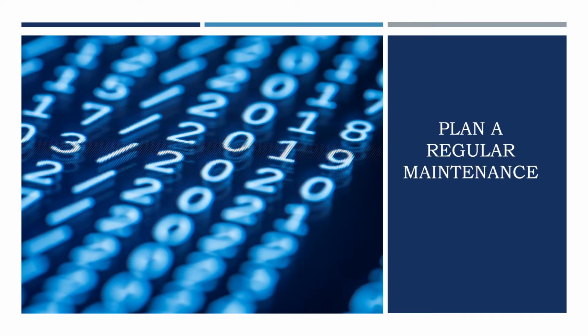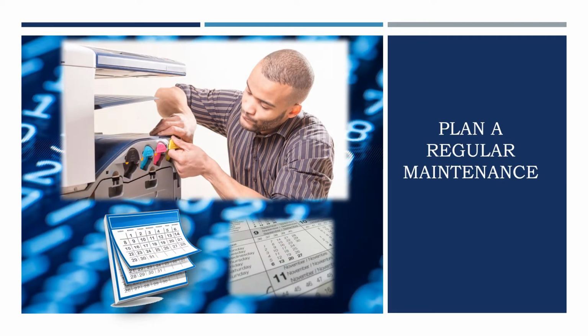That is why there is a need to plan regular maintenance. Maintaining your computer network is important because there are many factors that can go wrong on a daily basis. Regular maintenance can keep the big problems away while helping to maintain your network's optimal performance.